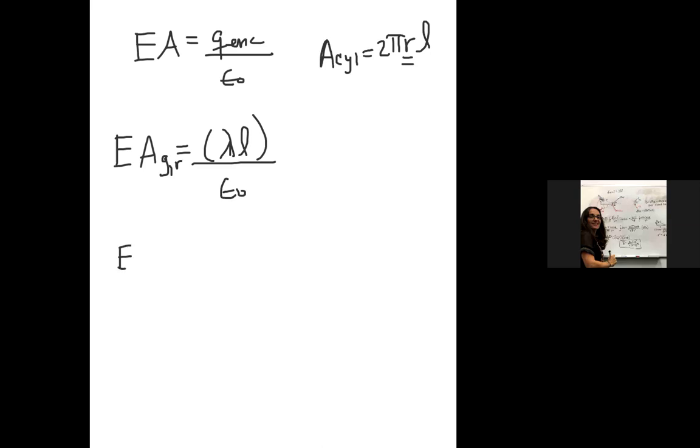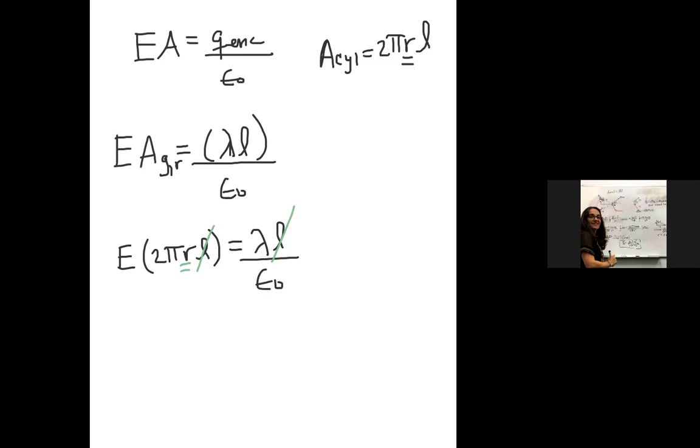So E times 2 pi rL is equal to lambda L over epsilon naught. And guess what? It doesn't matter how long you make your cylinder. The only thing that matters is placing it at your point of interest, r.